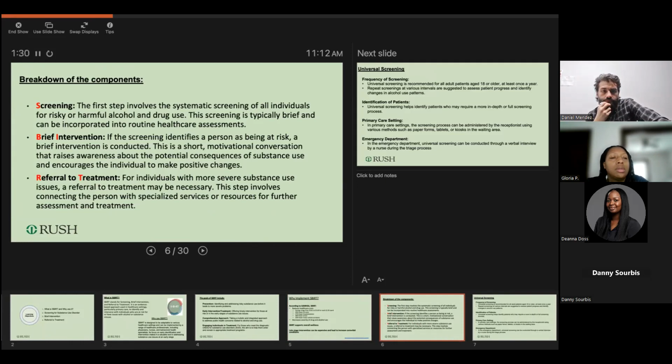For the brief intervention, if the screener identifies a person as being at risk, a brief intervention is conducted. This is a short motivational conversation that raises awareness about the potential consequences of substance use and encourages the individual to make a positive change. Referral to treatment is for individuals with more severe substance use issues. This step involves connecting a person with specialized services or resources for further assessment and treatment.